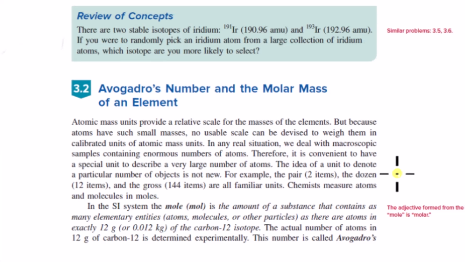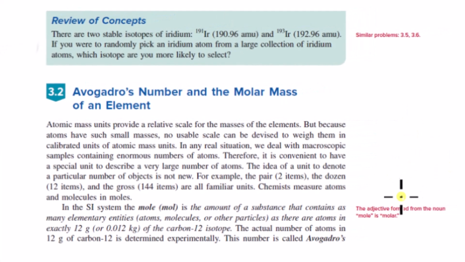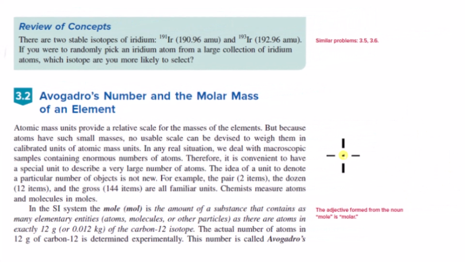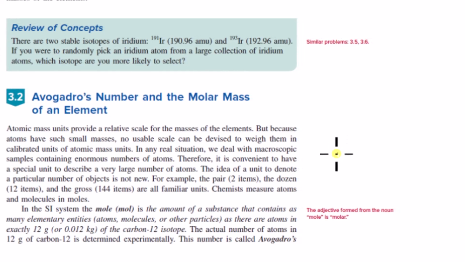So to do that, the atom is naturally going to be the same exact atom that we use to define AMU, carbon-12. Now how many grams of carbon-12 are we going to choose? Well, let's do 12 grams, right? Because 12 AMU is what's defined to be the mass of a single carbon-12 atom.